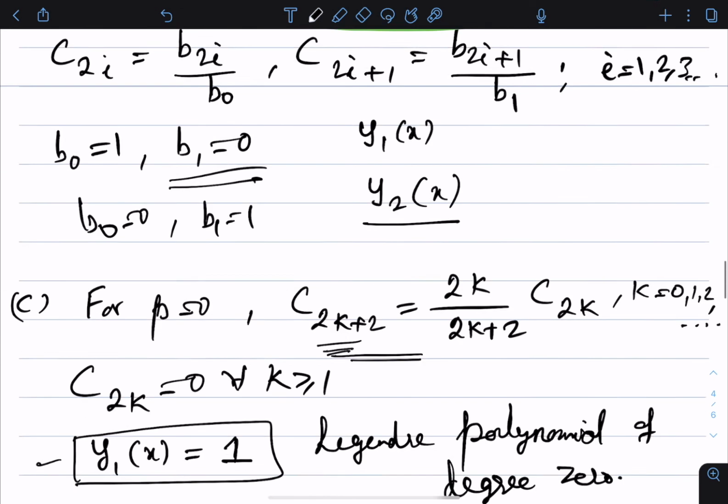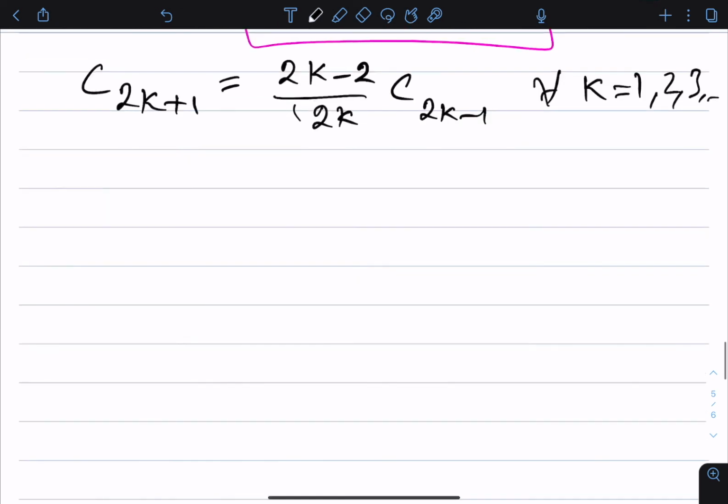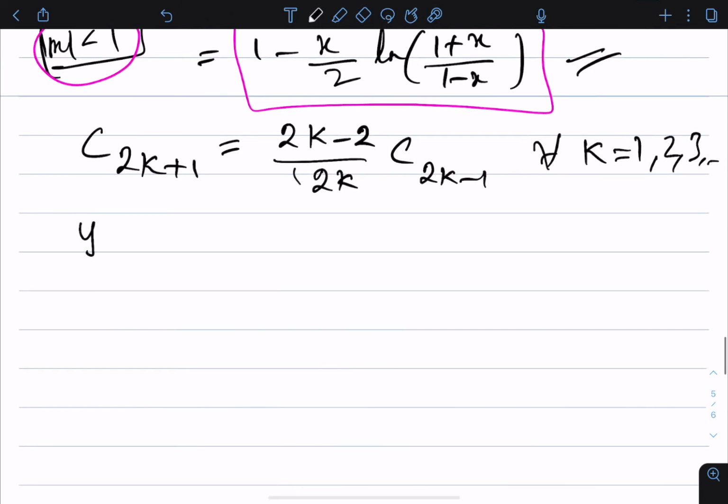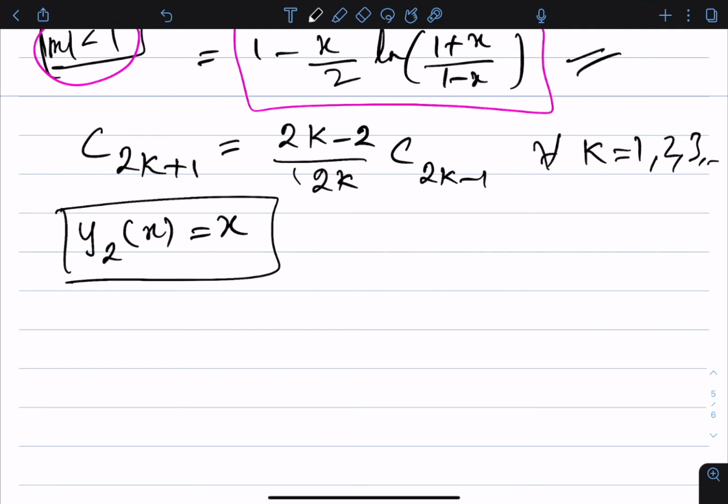Since b1 is chosen to be 1, your y2 is precisely x, which is a Legendre polynomial of degree 1.